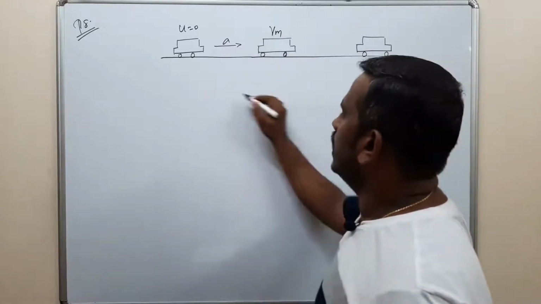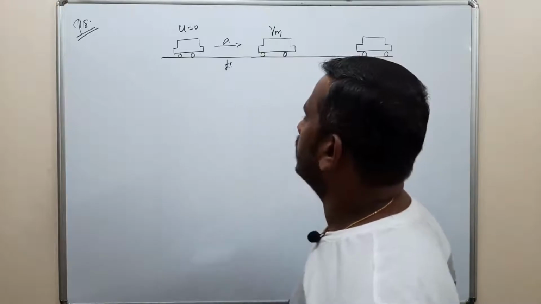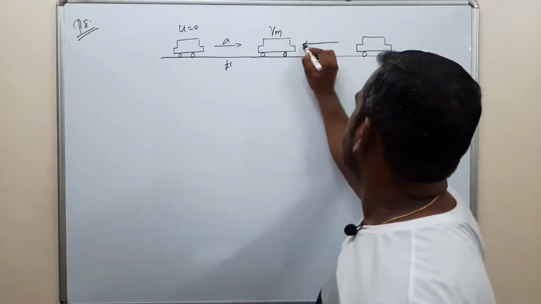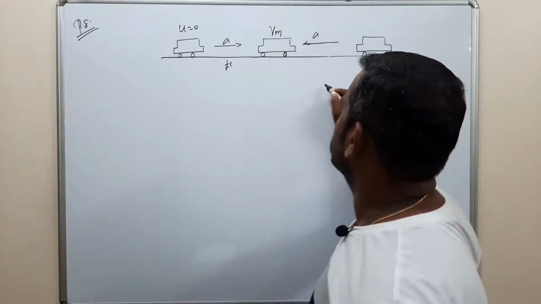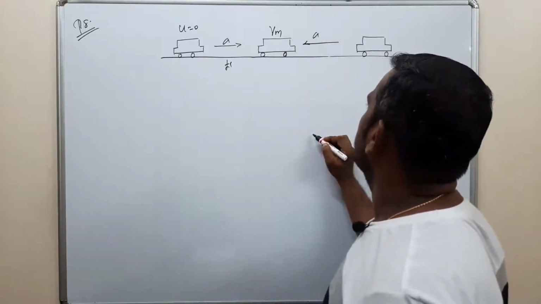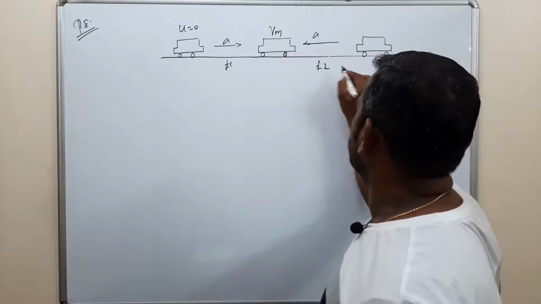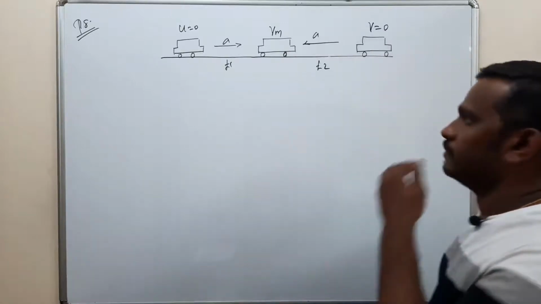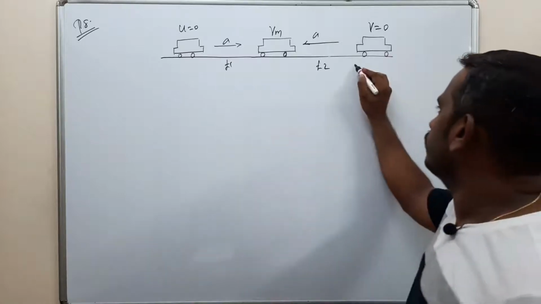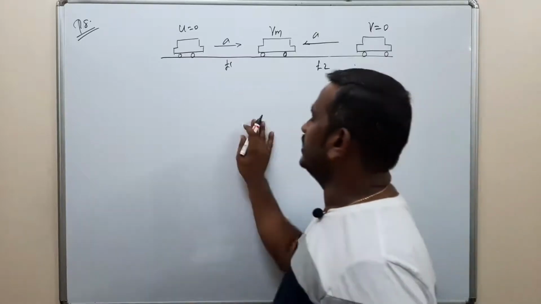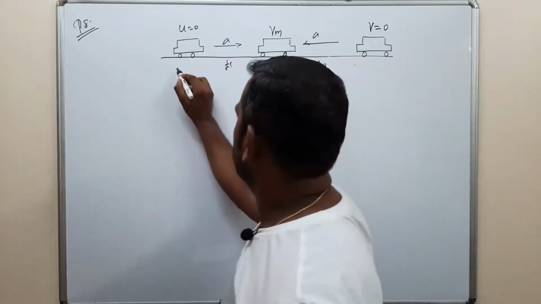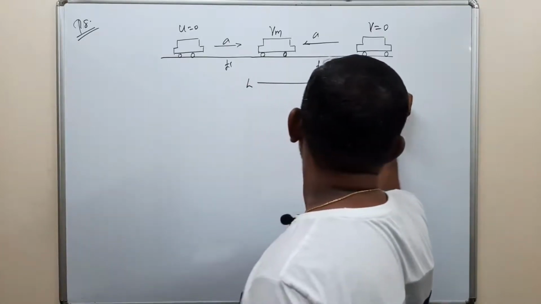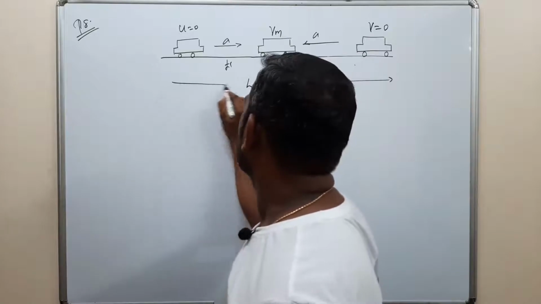After that, in time t1, it decelerated with the same constant acceleration a, and after time t2 the car comes to rest, that is v is equal to 0. Suppose the distance covered by the car is capital L.